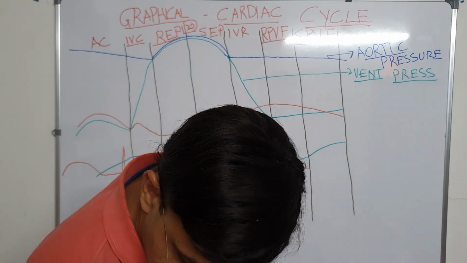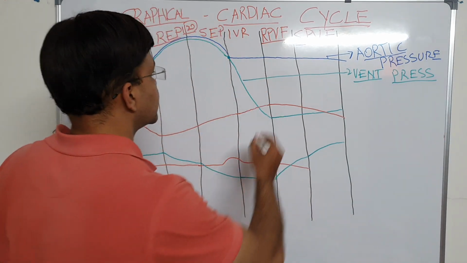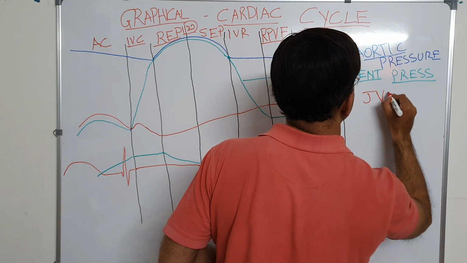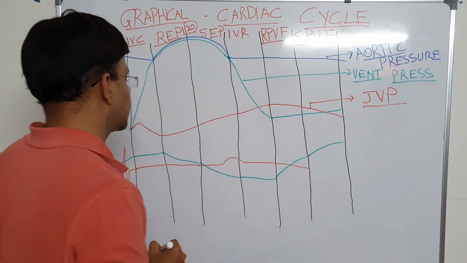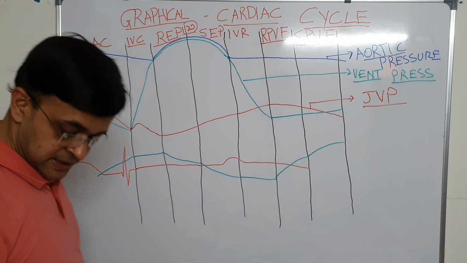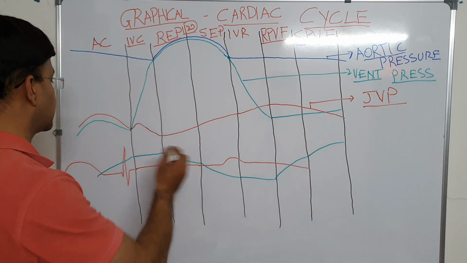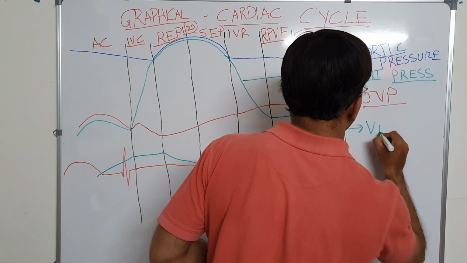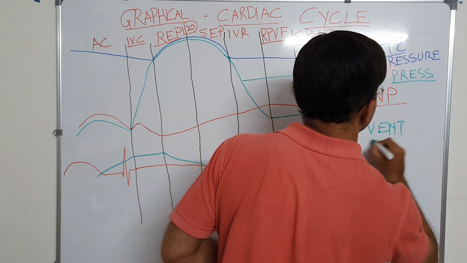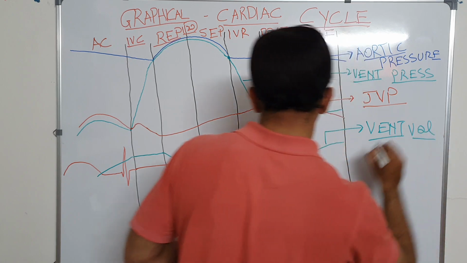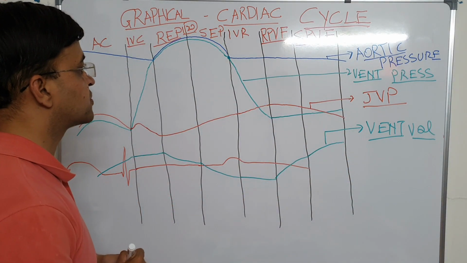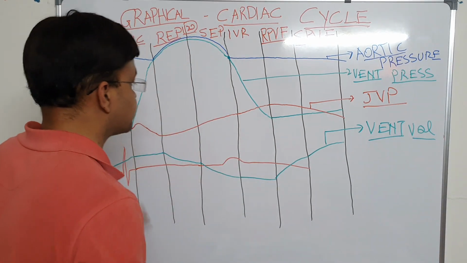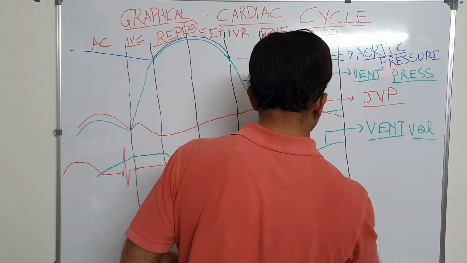This red one is for intra-atrial pressure or JVP, right? This one is our ventricular volume. This one is for ventricular volume. Right? And this one is our ECG, right? This one is for ECG.